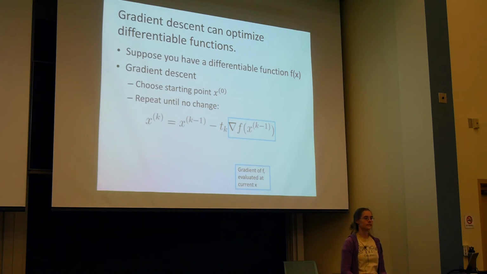Yeah? Is there any reason to do one rather than the other, or is it just...? As far as I know, it would be entirely equivalent, right? Because the only thing is whether you're doing the negative or positive, so that's going to change the sign of your update. So you're really not changing the problem at all.